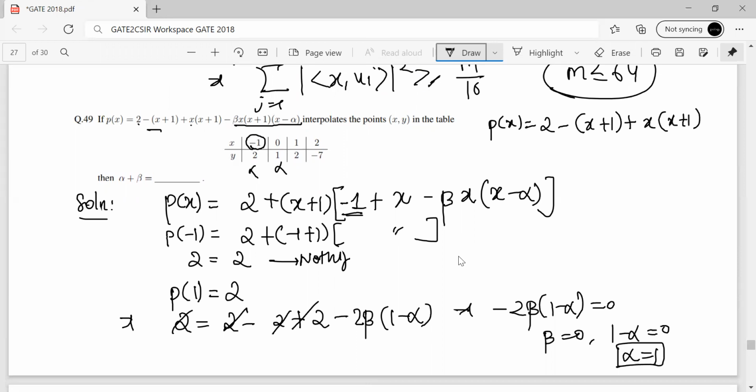Now put in values and verify. If you put 1, are you getting 2? So p of 1 equals 2, and here I'm getting 2. I think this is satisfied, right? Yes, this is satisfied. So which of the following equalities is not satisfied? We need to check. One of them will not be satisfied if I take beta to be 0.